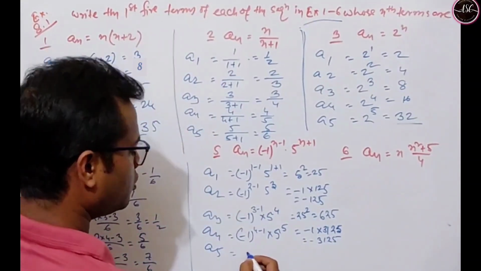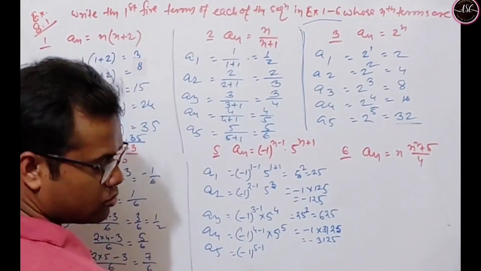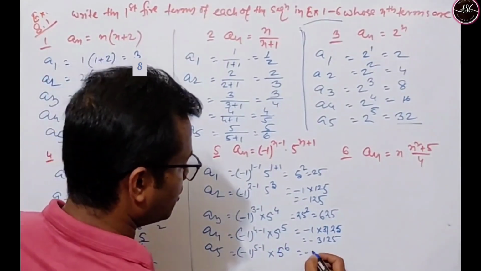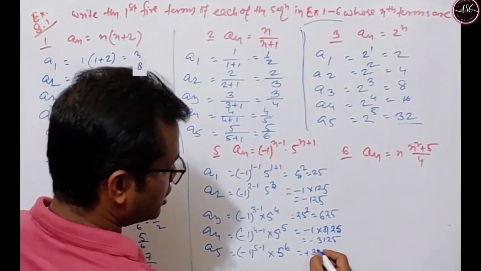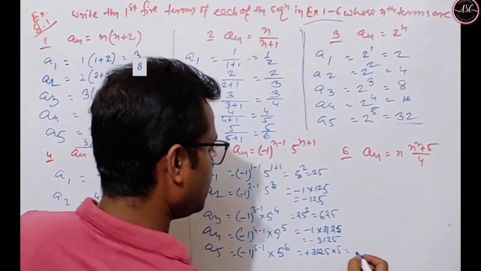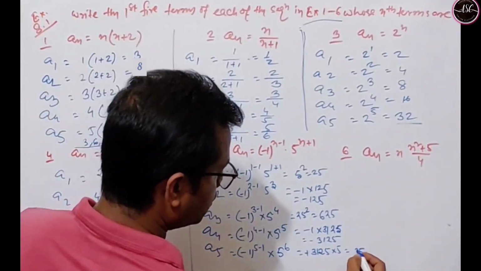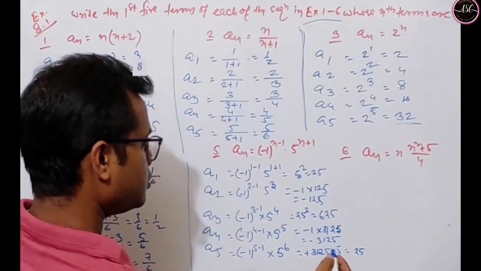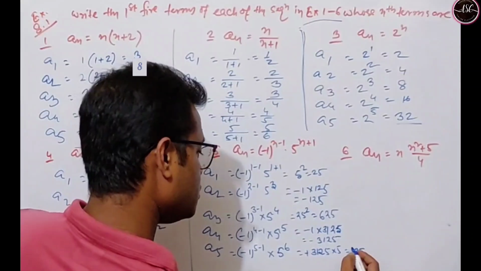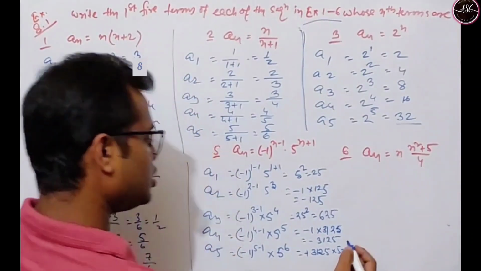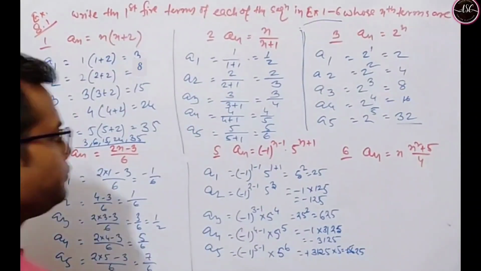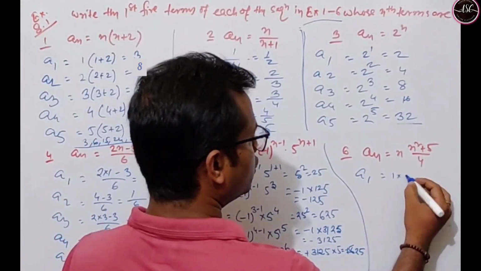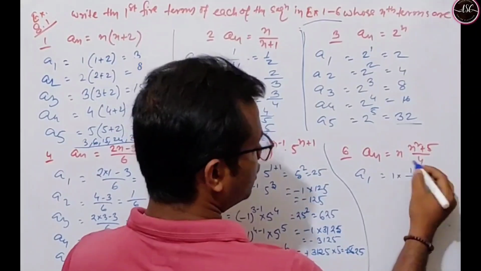And a5 equal to minus 1 to the power 5 minus 1, that means minus 1 to the power 4, that means plus 1 into 5 to the power 6, that means plus 3125 into 5, that means 15,625.